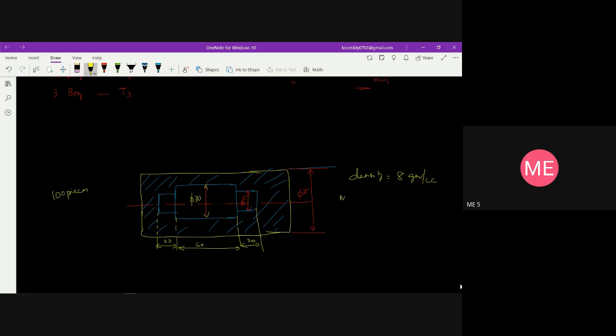So the material cost is given as, say, 8 rupees per kg. If you take the parting off and facing allowances per piece, the allowance will be taken as 1 centimeter, and the cost of machining is taken as 20 paise.